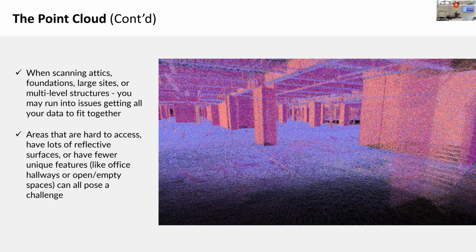What I ended up doing was driving my car into the middle of the warehouse and using that as a unique object for the scanner to base everything off of. So repeating objects, small spaces, attics, foundations, large sites, and multi-level structures can also pose data integration challenges. But over the years we've done this, we've figured out ways to deal with each one.